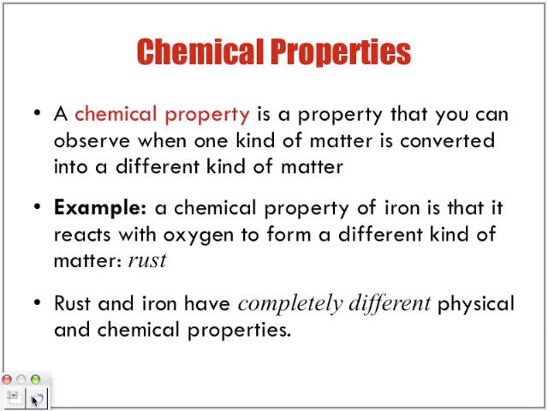Chemical properties. A chemical property is a property that you can observe when one kind of matter is converted into a different kind of matter. An example is a chemical property of iron is that it reacts with oxygen to form a different kind of matter, which is rust. Rust and iron have completely different physical and chemical properties.